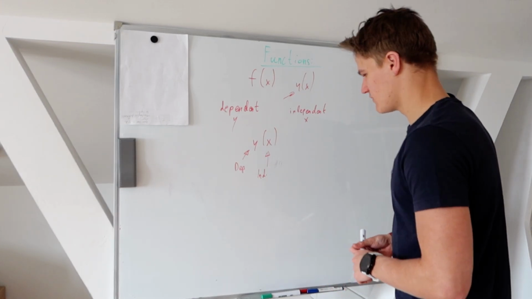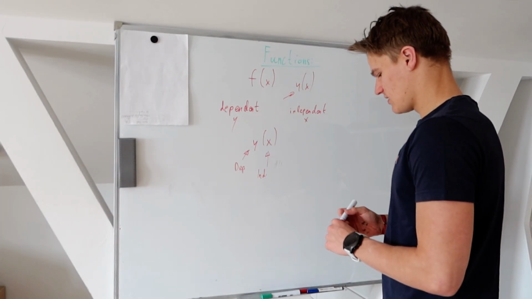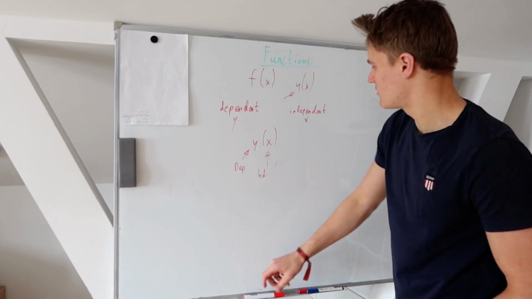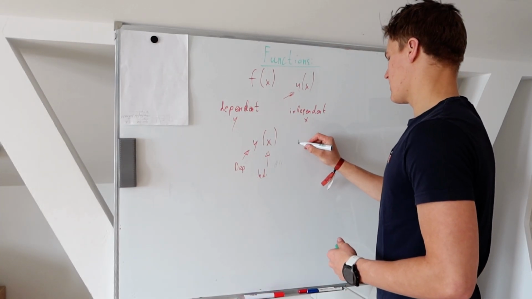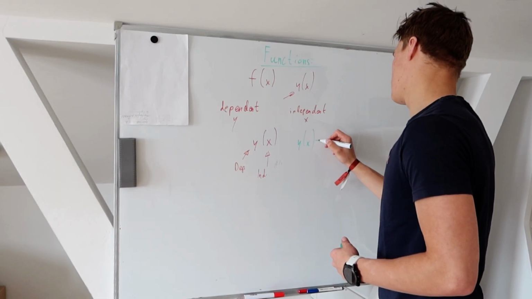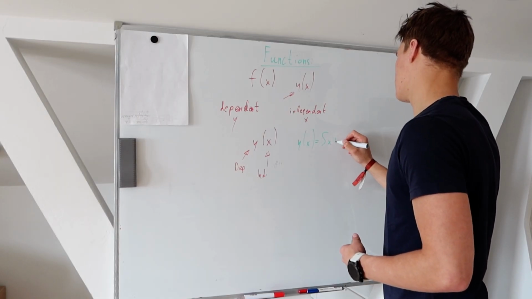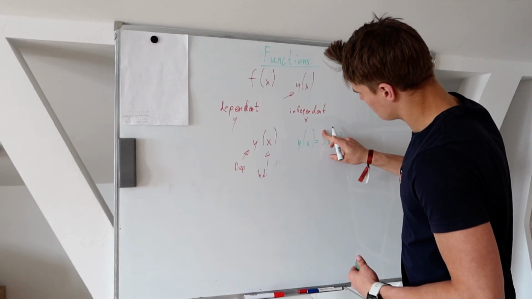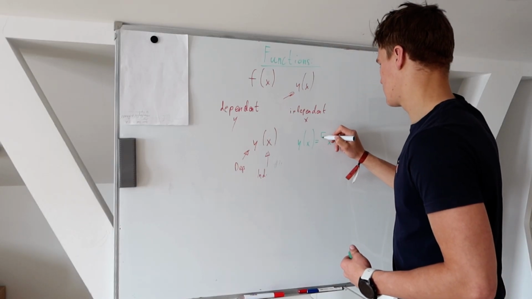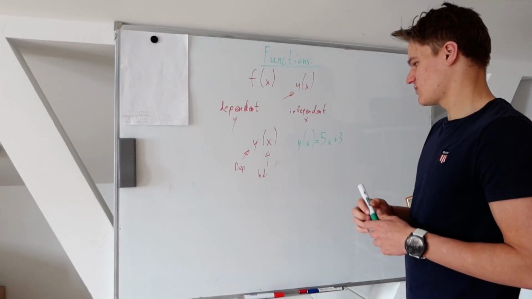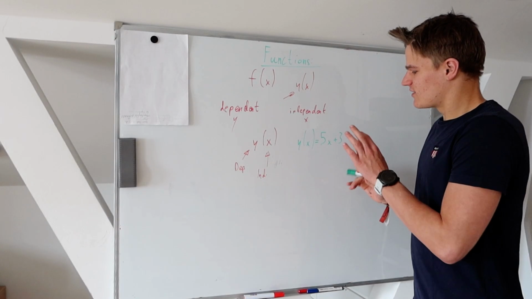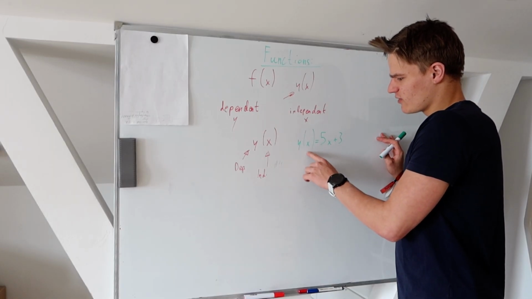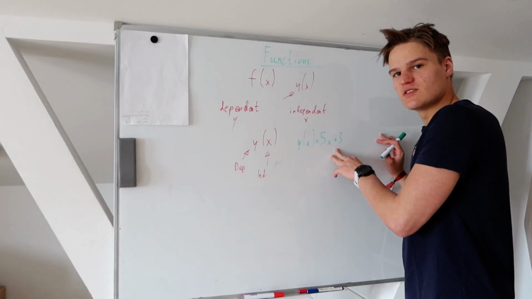So what does this even mean? Well, if we have a basic function, let me use a different color here because I've written this all in red. If we have y of x equals 5x plus 3, then the variable x is on this side, which means it's the independent variable.